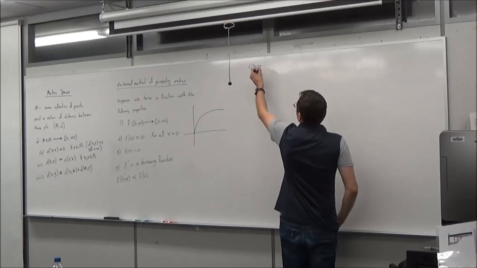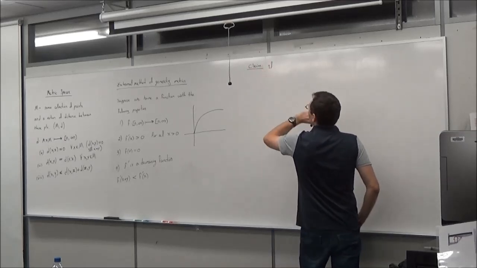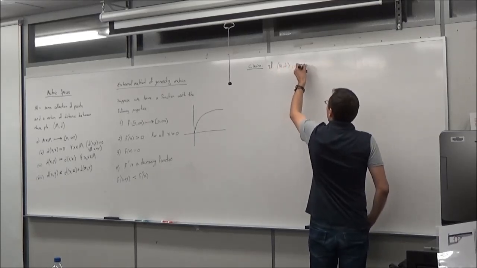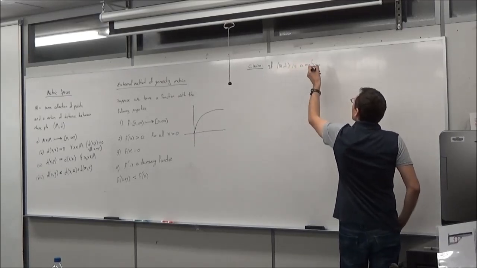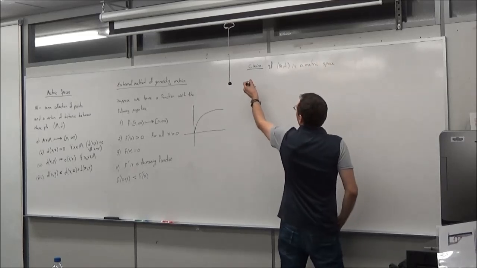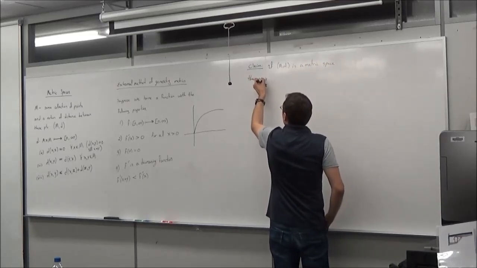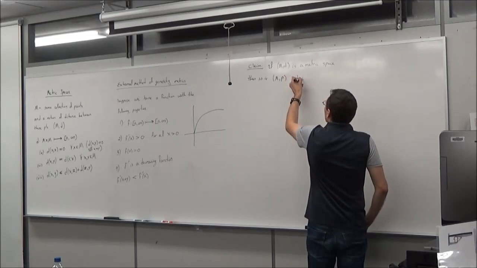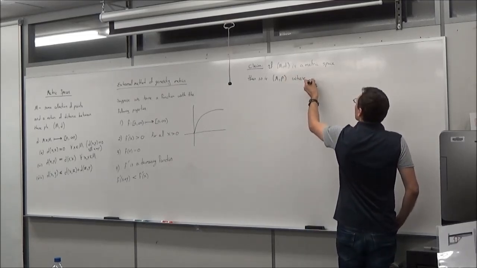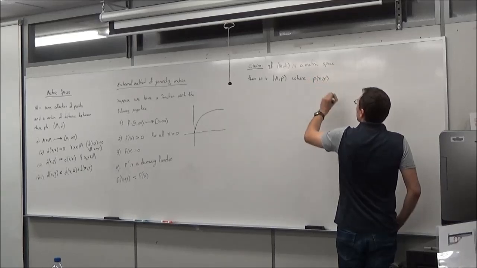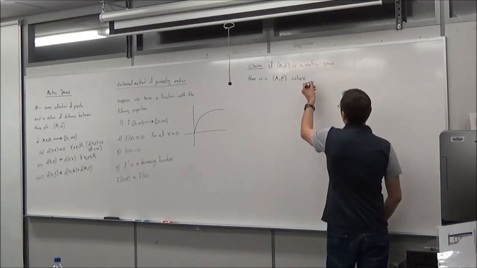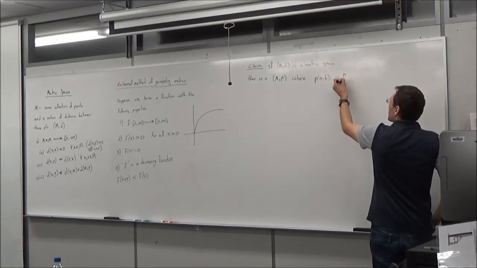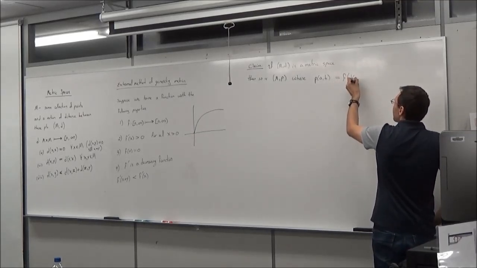The claim is that if (M, d) is a metric space, then so is (M, rho), where rho(a, b), or maybe I'm afraid to use xy too much, so rho(a, b) is equal to the function f applied to the distance d(a, b).